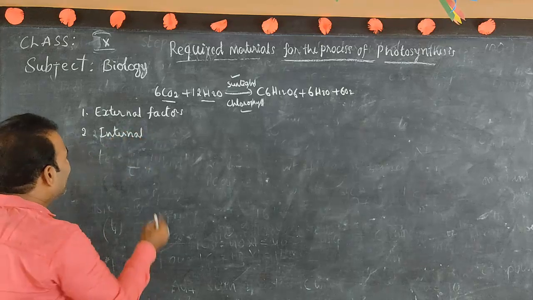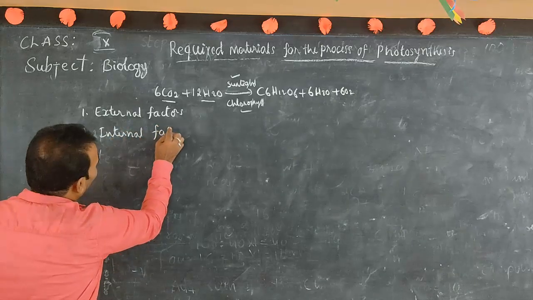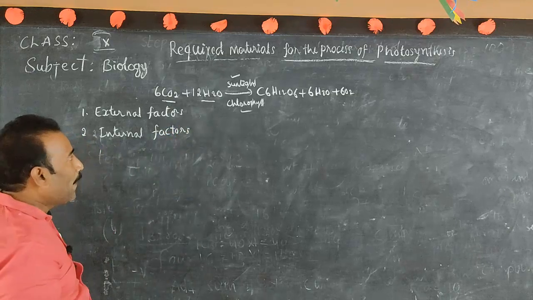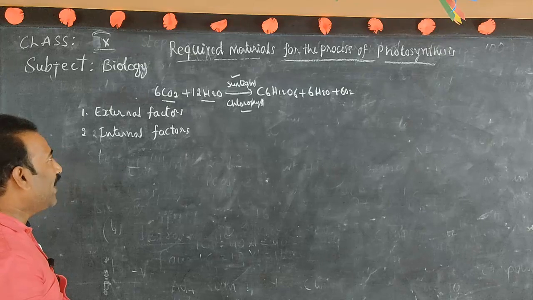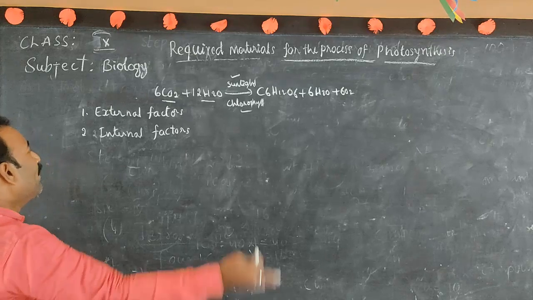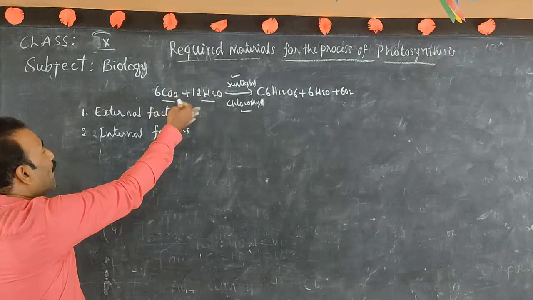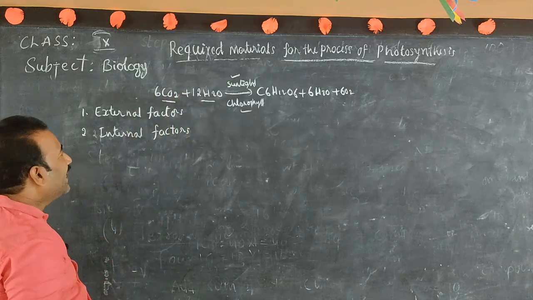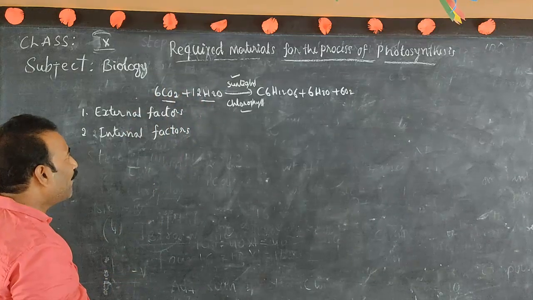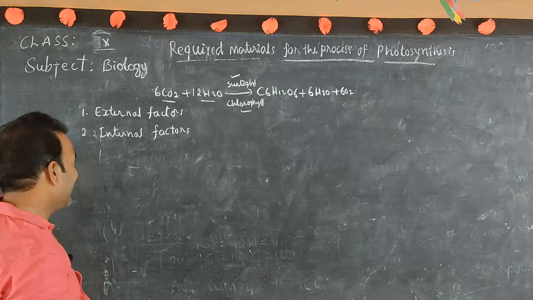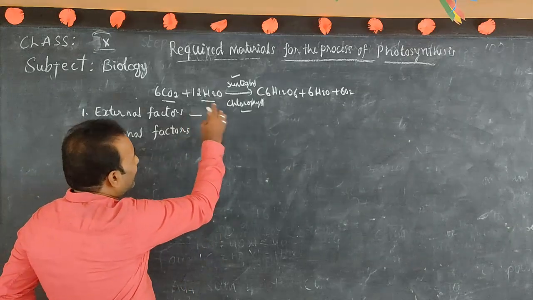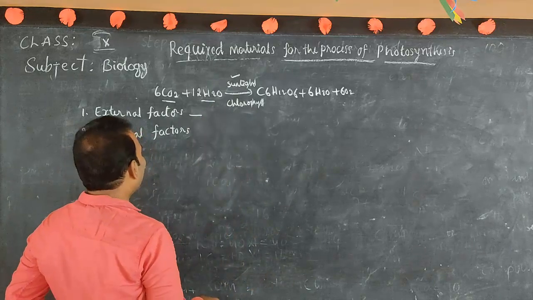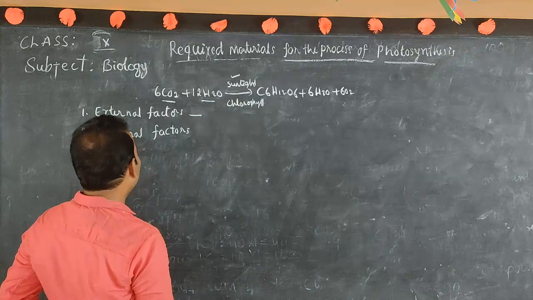The factors are divided into two categories based on their availability. The factors available outside the plant body are called external factors of photosynthesis, and the factors present inside the plant body are called internal factors.